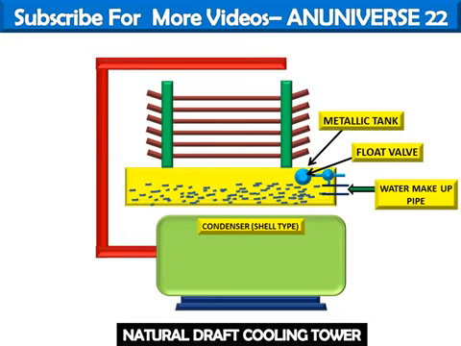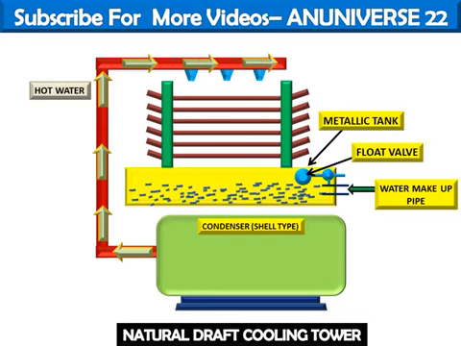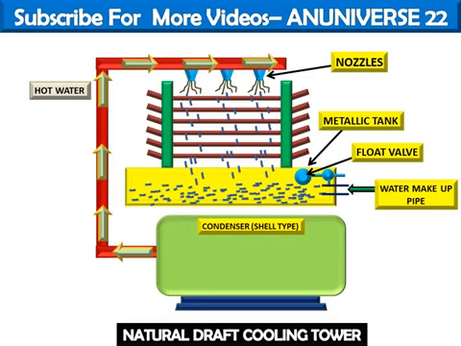So this is the pipe connection, and from condenser, this is the hot water that is supplied to the spray header, and from this spray header, here are the spray nozzles. This is the water coming out from the nozzle, and this water is falling into the metallic tank in the form of fine droplets.